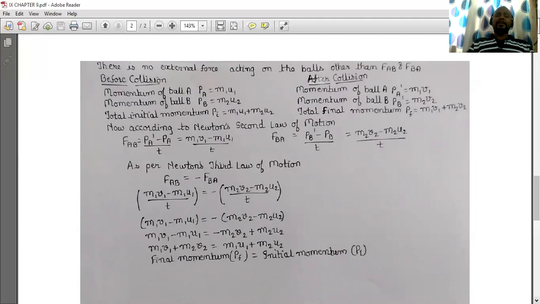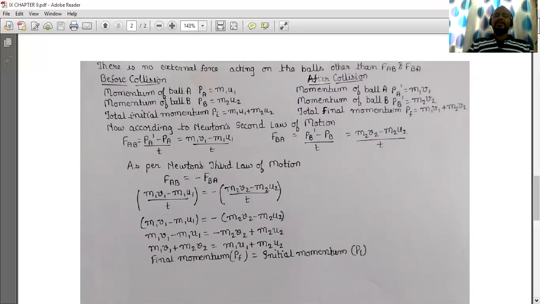Taking out 1 by t common, we get in bracket m1v1 minus m1u1 is equal to minus sign m2v2 minus m2u2. Opening the brackets, the LHS part remains the same. m1v1 minus m1u1 is equal to minus into plus minus of m2v2, minus into minus plus of m2u2.